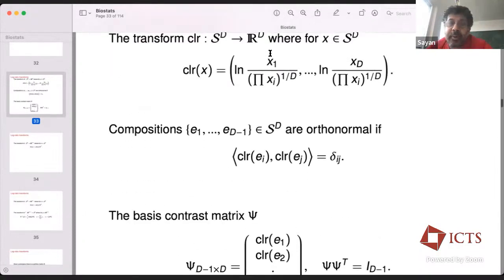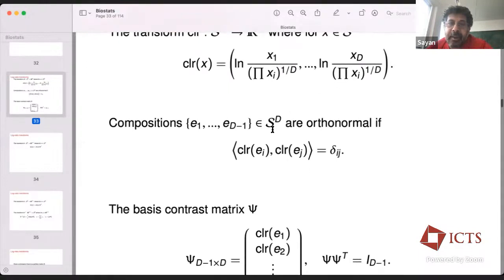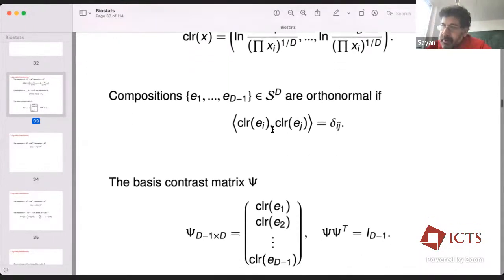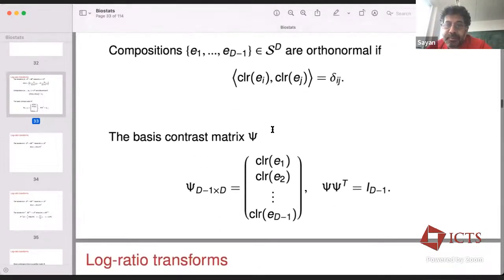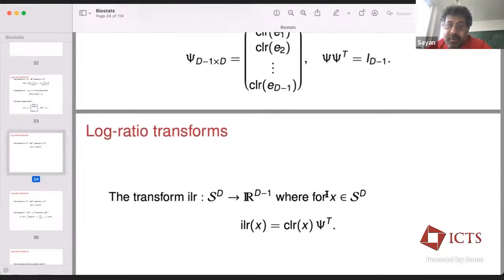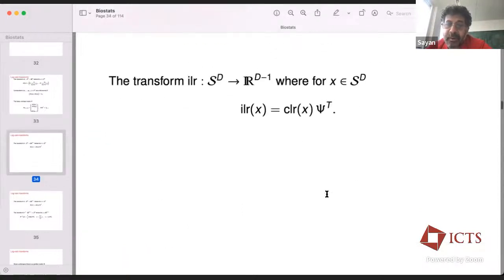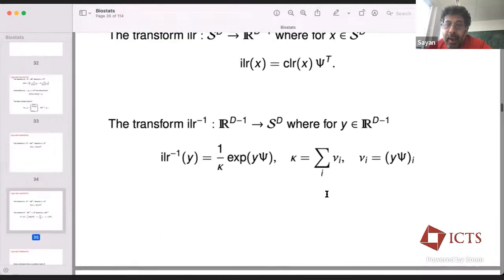Now, the problem with that is that it does not give you a coordinate system that is orthonormal, which is what's really nice about Gaussians. You can make it orthonormal if you rotate it by these phis. But the question is, what are these phis?